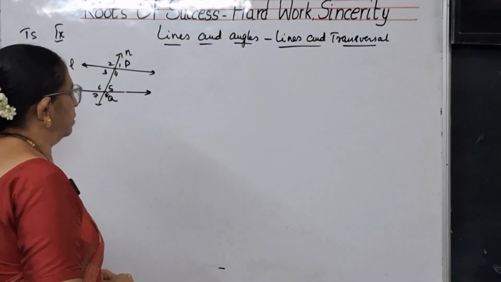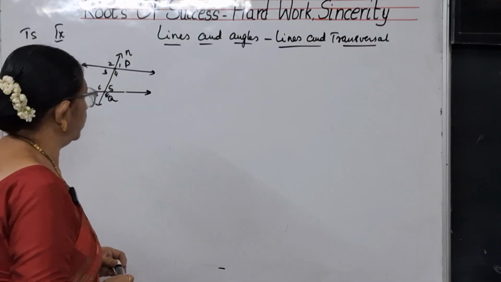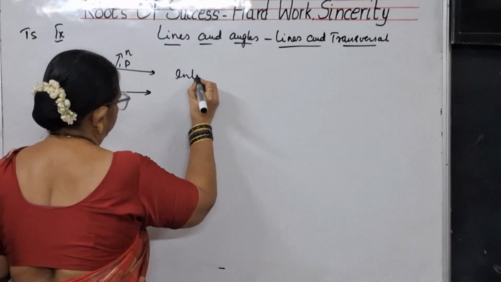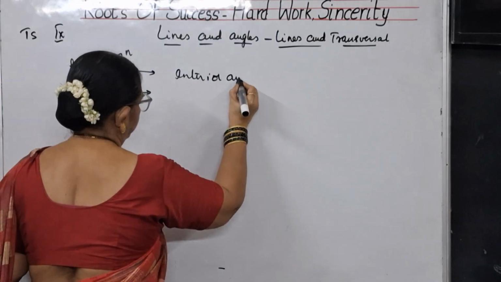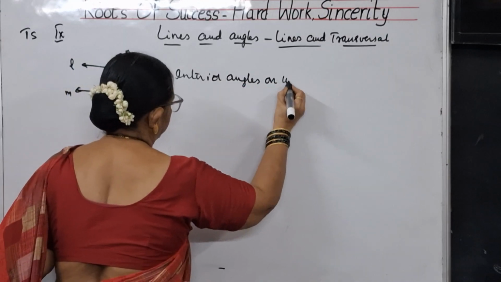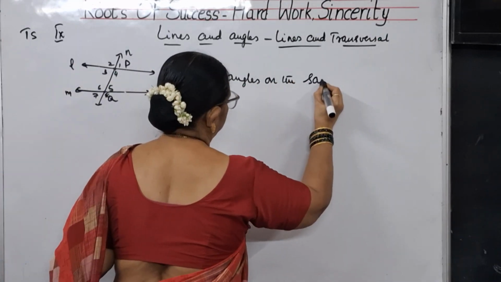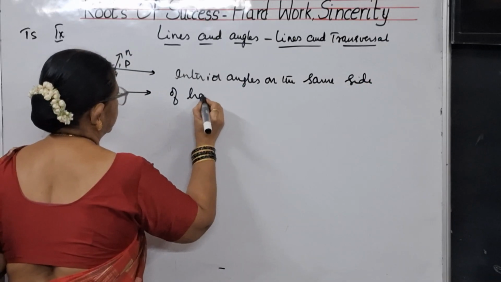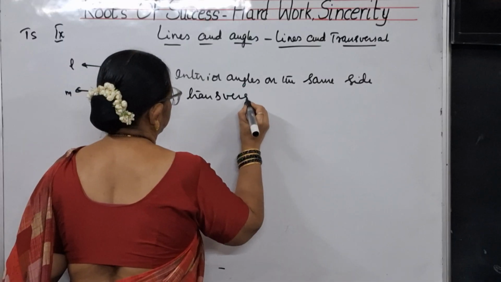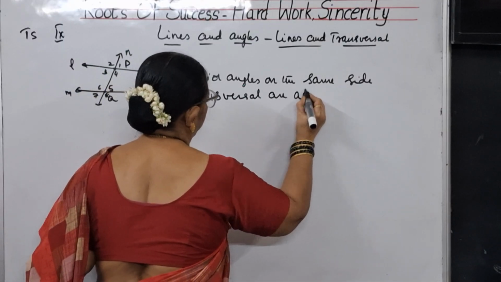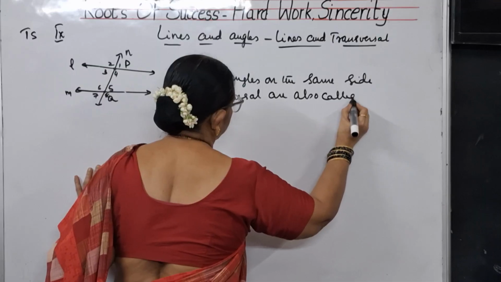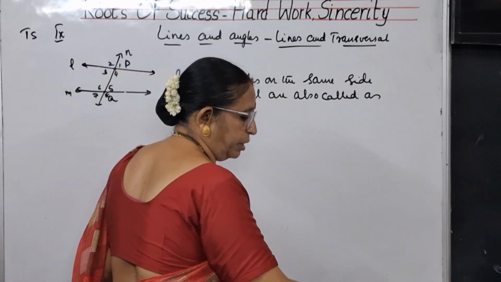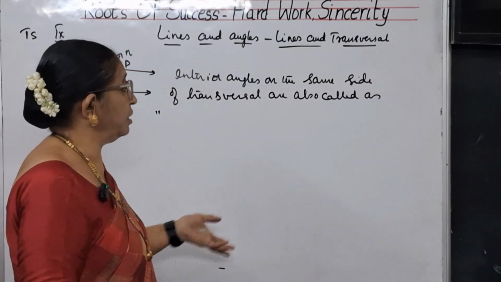There is a small point, children, which I could not write because of lack of space. Interior angles on the same side of transversal are also called by other names. You may get them in the objective, or you may be asked with these names also.